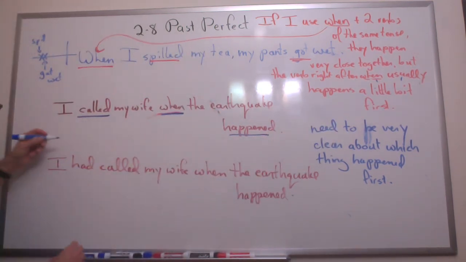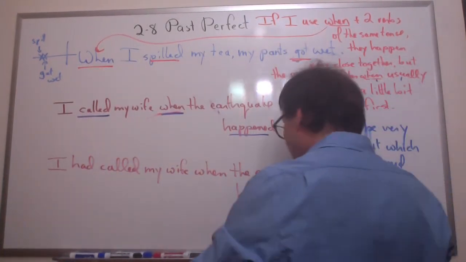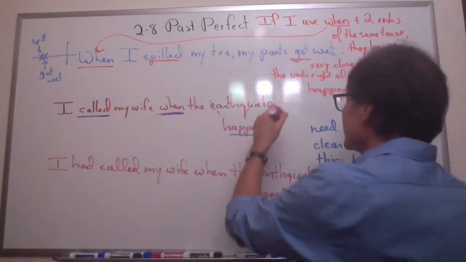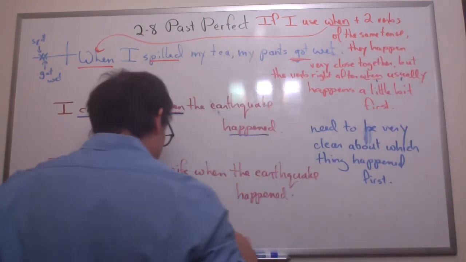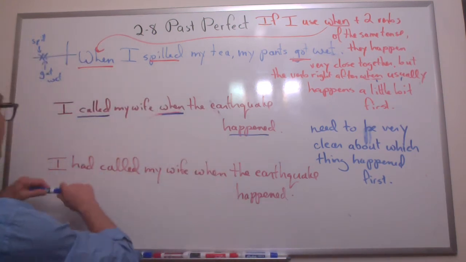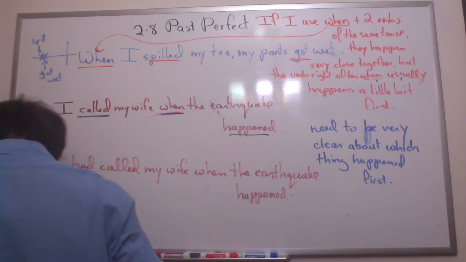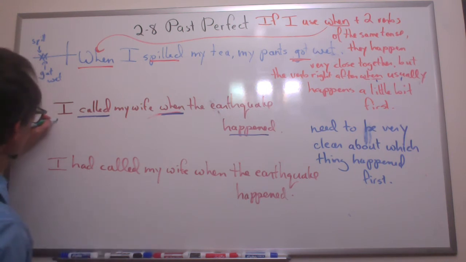Okay, so let's draw a picture of this. Well, think a minute. Which one happened first, called or happened? Which one happened first, call or earthquake? Now, I'm trying to find a place to draw. I think I need a better color. Let's do green. Green will work nicely.